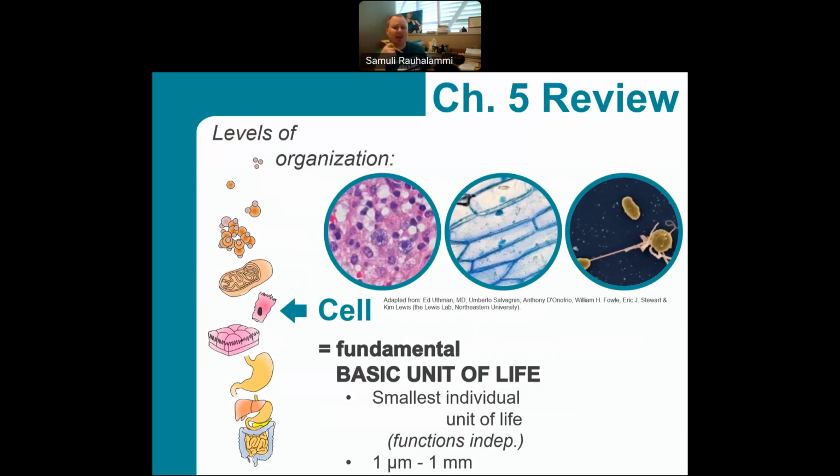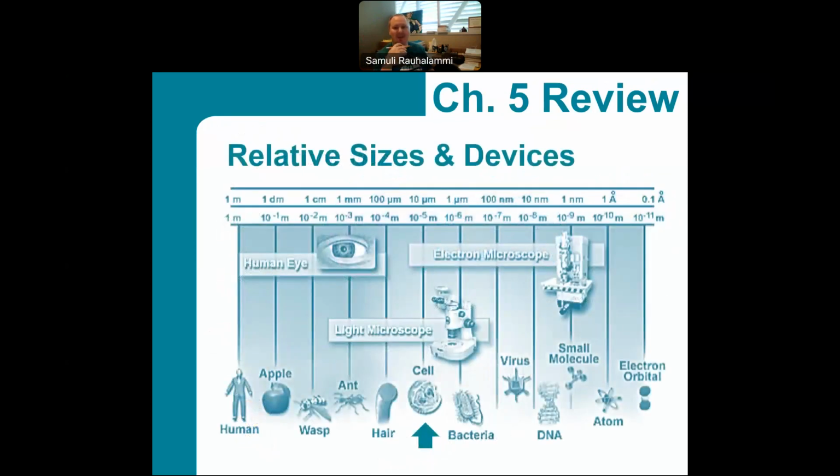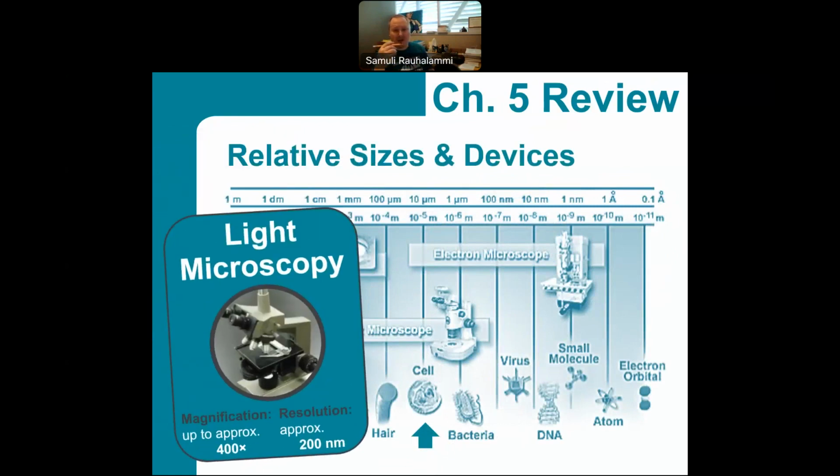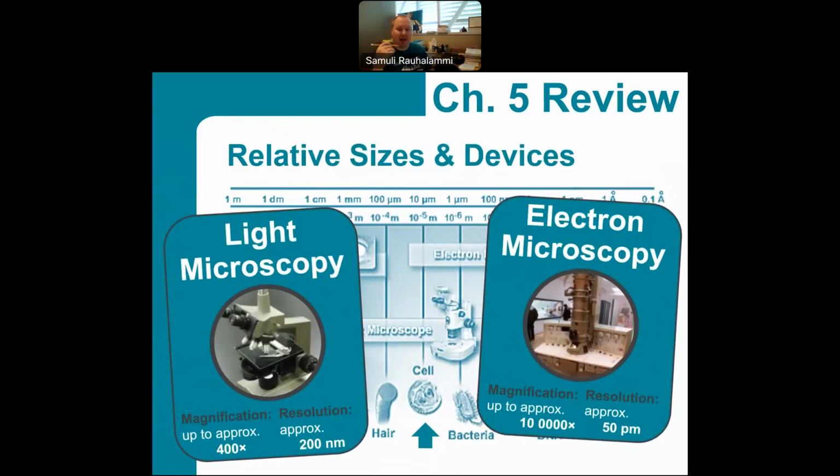We also saw that these cells that we were talking about are rather small. So for most cells, you would need an additional method to be able to study them and see more of them. And this is where microscopy is going to step in, in terms of the scale of the matter that we're studying. So in a classroom setting, I'm sure many of you have used light microscopes.